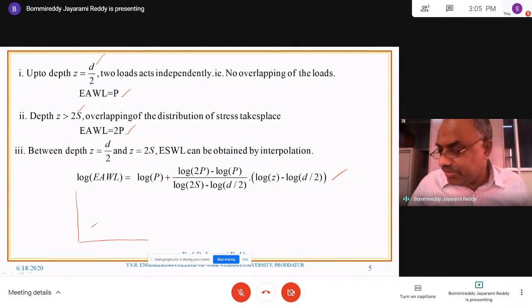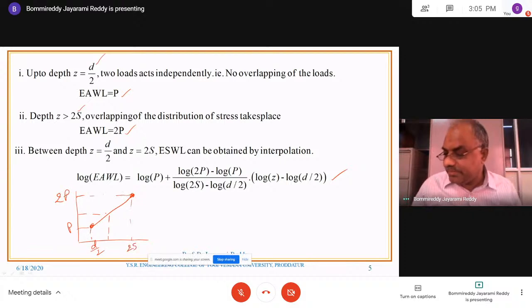You need to find out the interpolated value by means of the log. Here the value associated is P, whereas it is 2P, and here it is d/2, whereas this is 2s. So interpolate and put everything in terms of log.